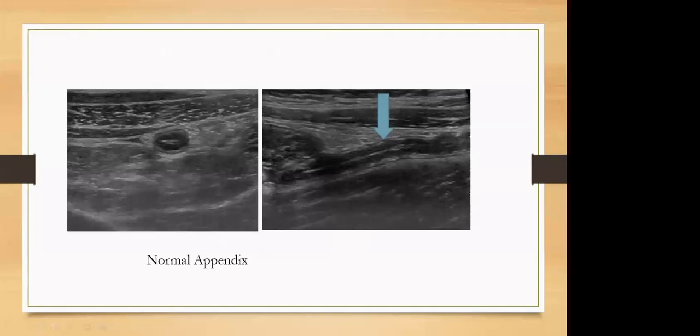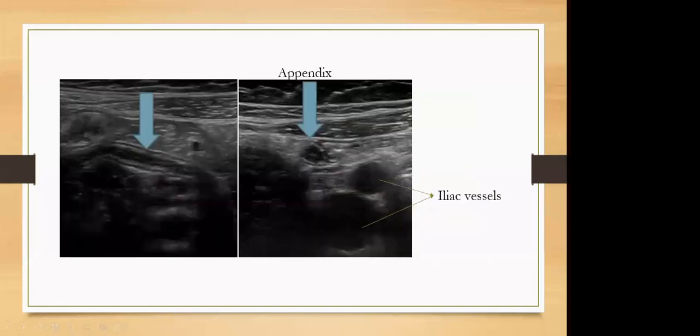This is also a normal appendix. This is the transverse and the longitudinal. We should be able to see clearly the whole length of it. This is another normal appendix, here having the iliac vessels as a guide. So you try to find where the iliac vessels are and look anterior to them to find the appendix.